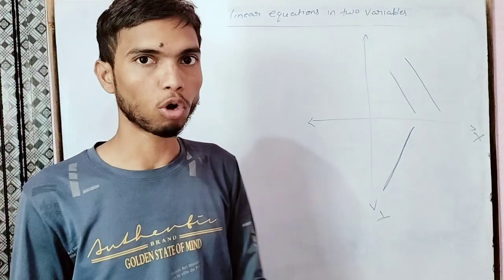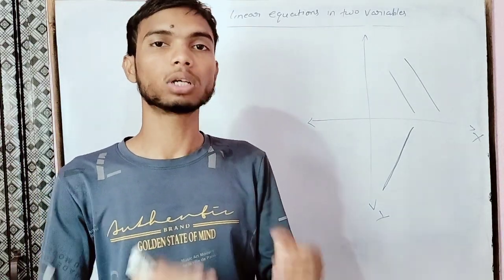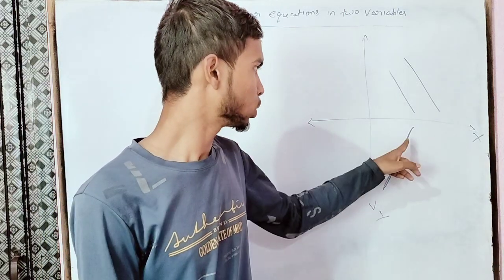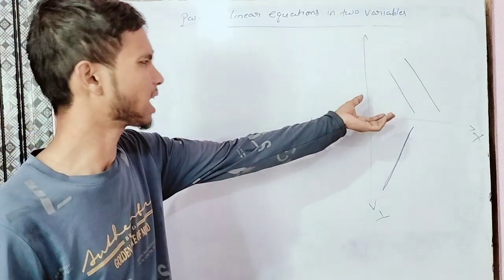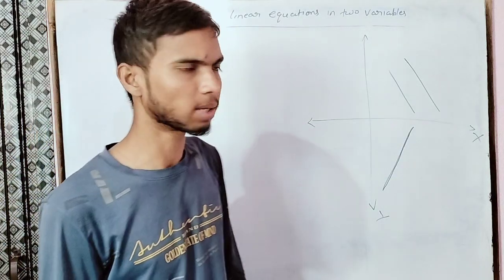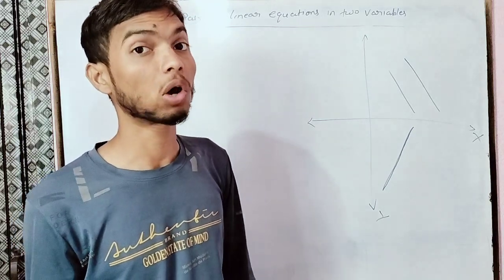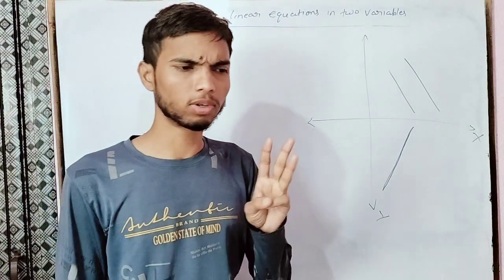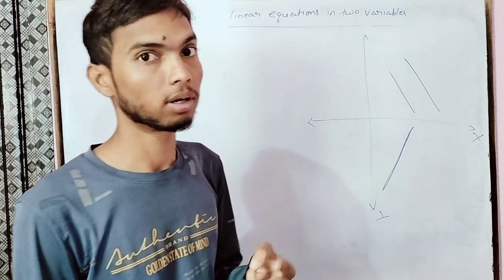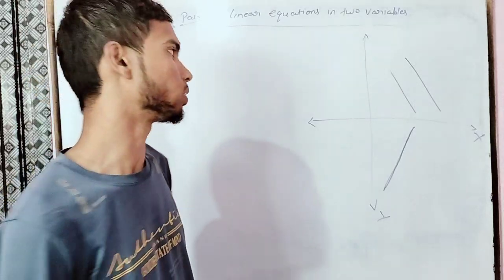This is overlapping of one line onto the other line. So we can get this type of figure sometimes. We don't know when we will get it. But here we are understanding that we will get three types of figures of a pair of linear equations.